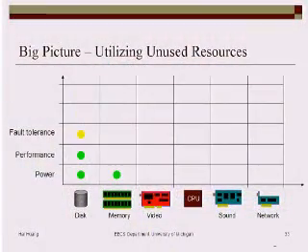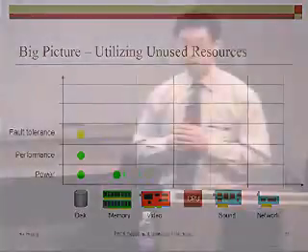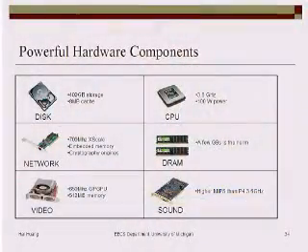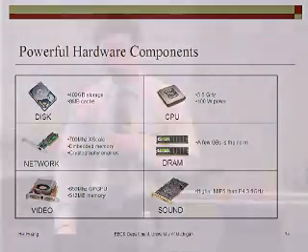But besides memory and disk, there are also other hardware components in the system. For example, the video card, the sound card, network card. These hardware resources are definitely improving very rapidly in recent years. So we need to start thinking about how we best take advantage of the resources in these hardware components.